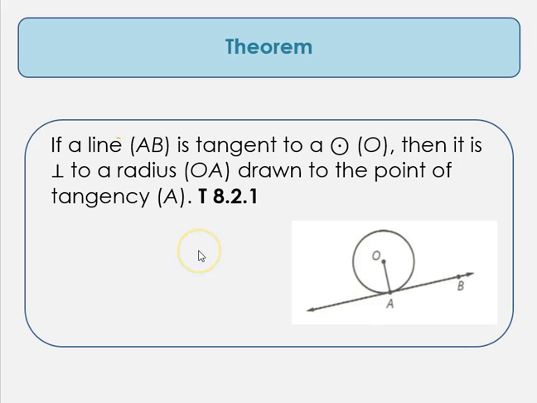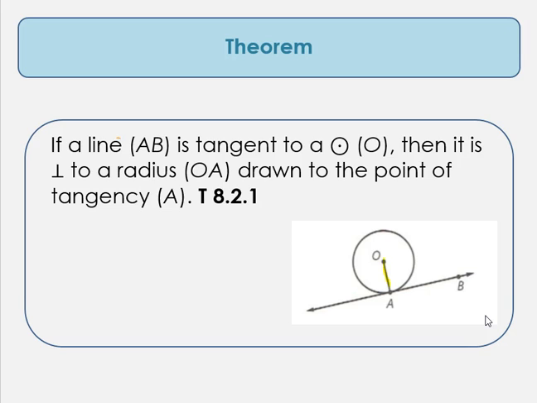So for our first theorem, Theorem 8.2.1, let's look at our drawing. We have a circle. We have a line AB, which is drawn tangent to that circle. And we're going to find out right now what tangent means. If a line AB is tangent to a circle O, then it is perpendicular to a radius, which is OA.